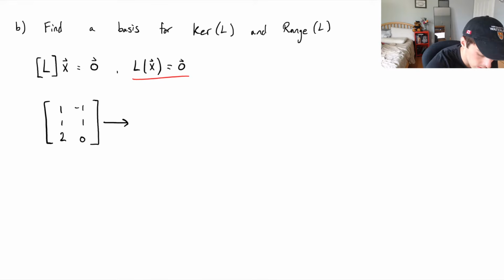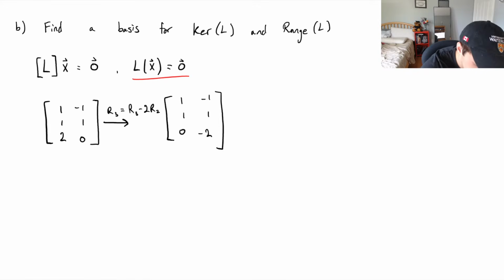So let's do R3 equals R3 minus 2 times row 2. So this will be 0, this will be minus 2, this will stay the same. And then we can do row 2 equals row 2 minus row 1, just trying to get rid of the non-zero entries underneath the top left entry of this matrix.